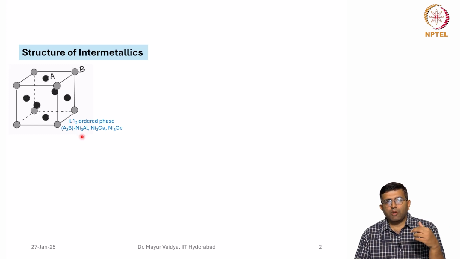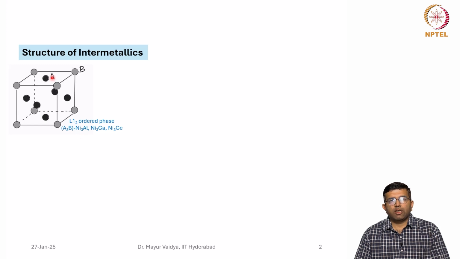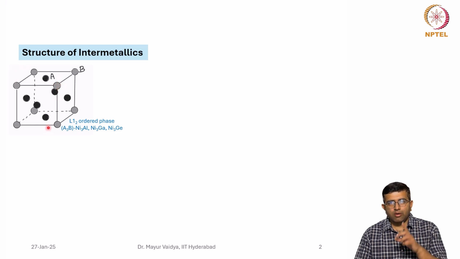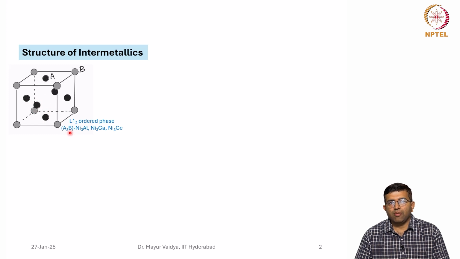Whereas in an ordered intermetallic, for example, A occupies the face center and B occupies the corner. There are 8 corner atoms, so effectively one B atom, and for the face centers you have 6, each face shared by 2 unit cells, so you have 3 A atoms. That's why the stoichiometry is A3B.